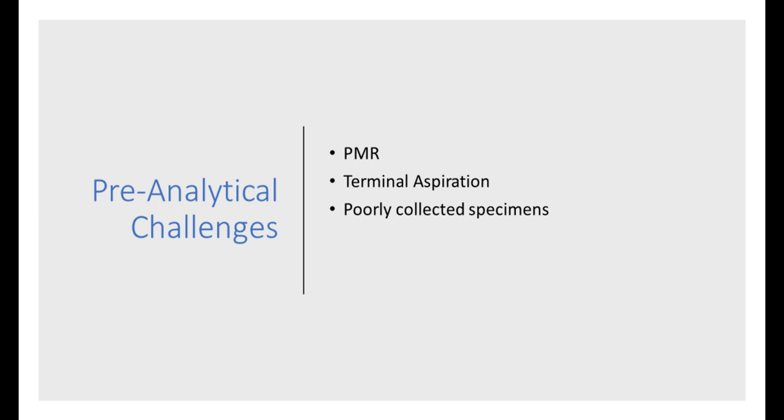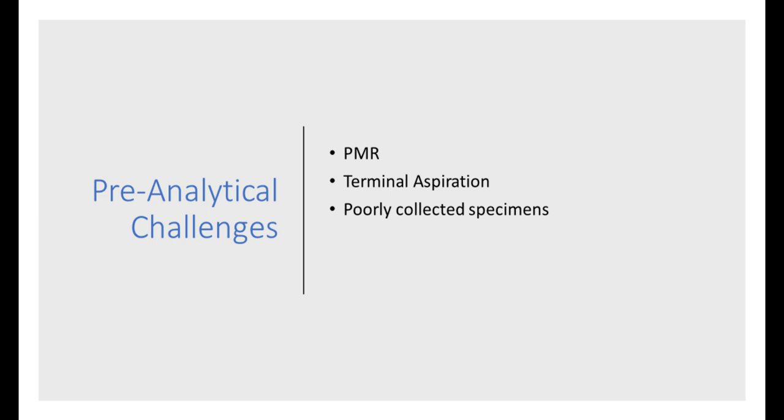So one of the things that's really complicated about postmortem forensic toxicology are these things called pre-analytical challenges. That means before the specimen actually gets to the laboratory, things happen to the specimen that can cause problems with interpretation of the results that come out of the laboratory.